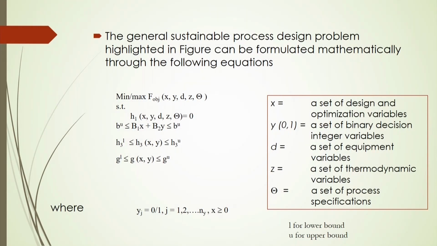And y, the set of binary decision integer variables, should be 0 or 1. That variable should range from 1 to j, and will be greater than or equal to 0.